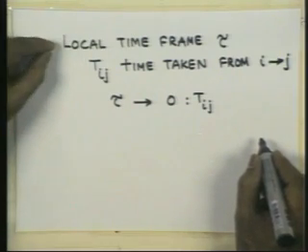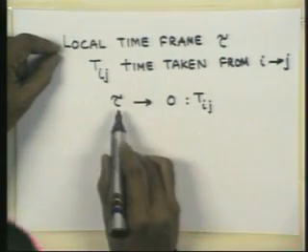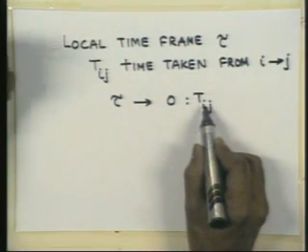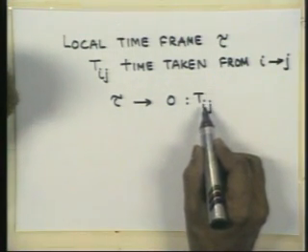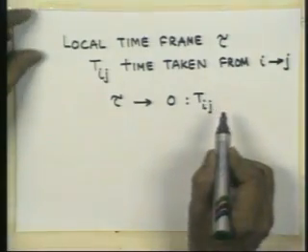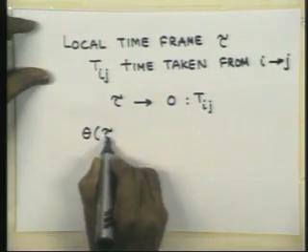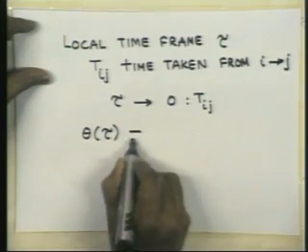So, my local time frame that I am going to use is tau, which varies from 0 to the time duration between any 2 points i and j given by Tij. So, therefore, the trajectory that I am trying to get would be a trajectory in terms of theta of tau.